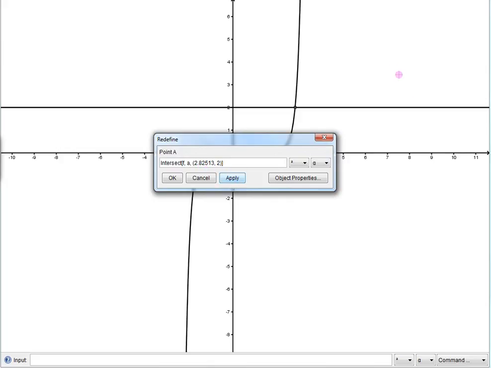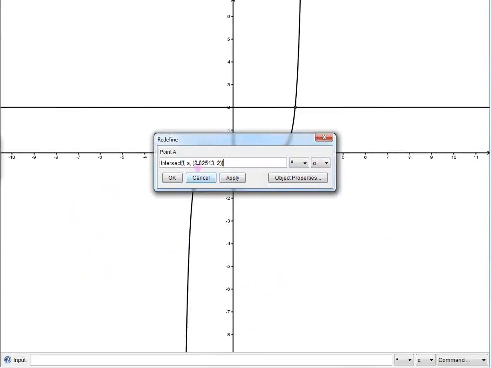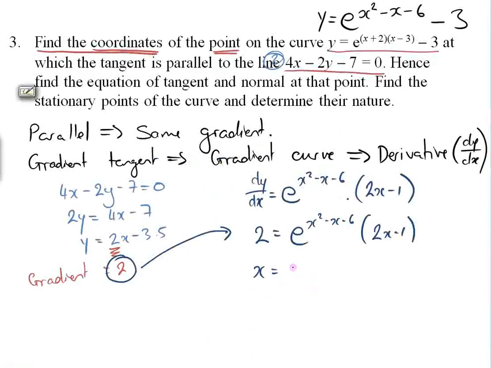So the solution to this equation rather, is x is equal to, let's do it to a few sig fig, 2.82513, which is approximately equal to 2.83 to 3 SF. So the coordinates of the point at which the tangent is parallel to the line.